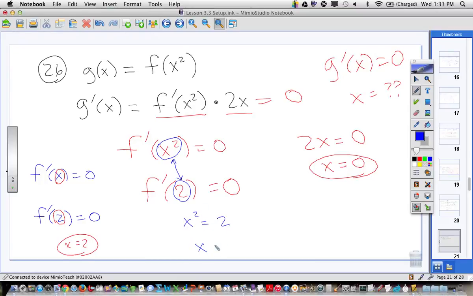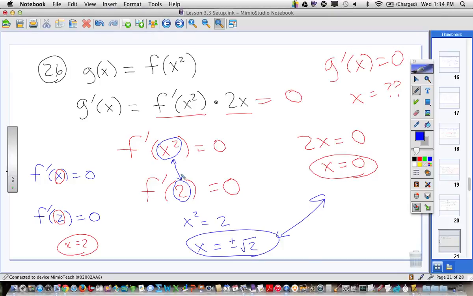Well, when does x squared equal 2? Plus or minus root 2. So there are our 3 solutions to that question. Where does g prime equal 0? At these x values right here. Because you have to put in plus or minus square root of 2, then you square it to get an input of 2. Okay, so that's a little different.